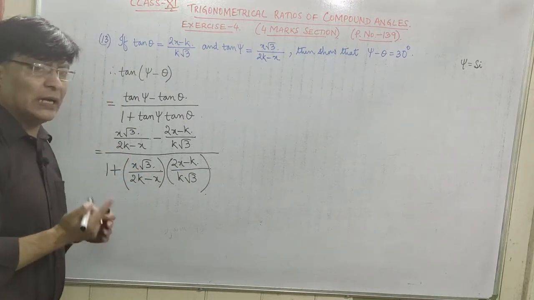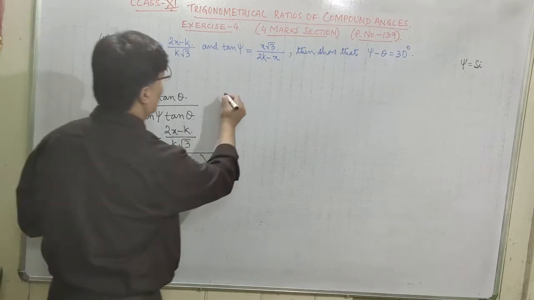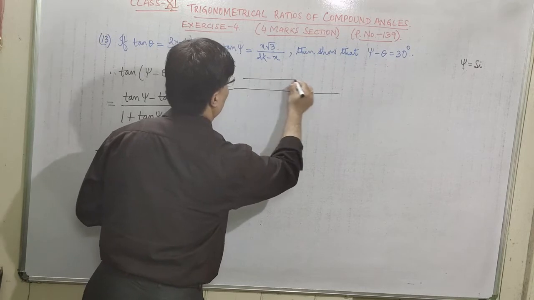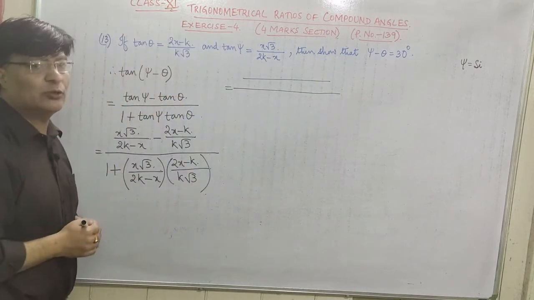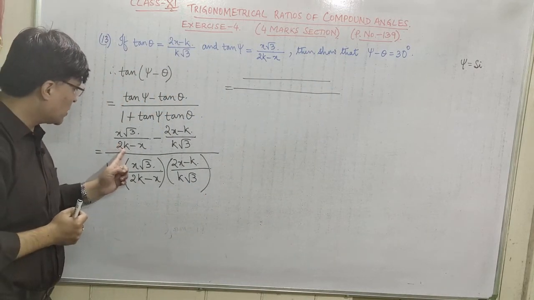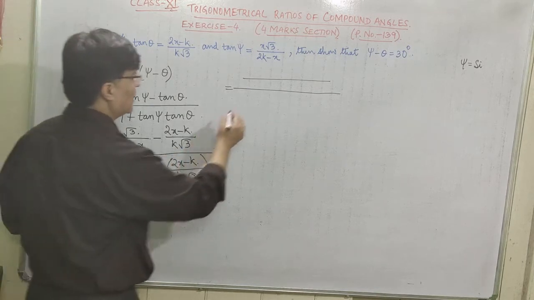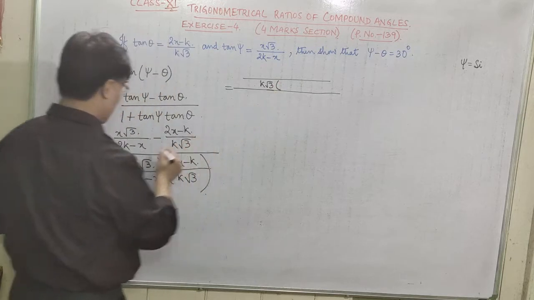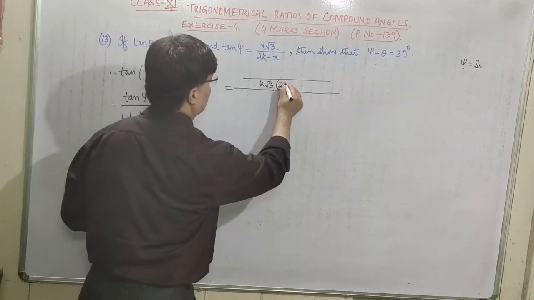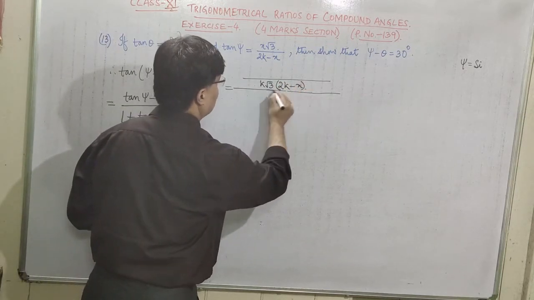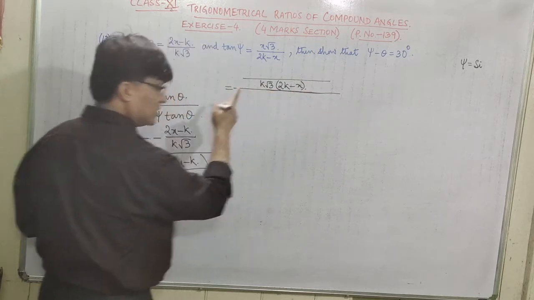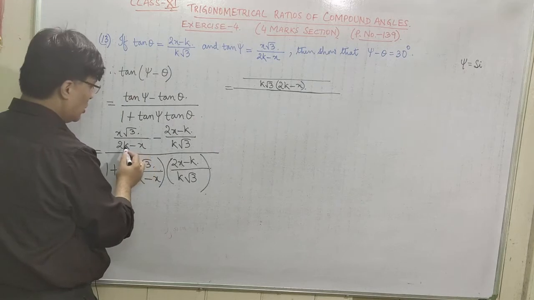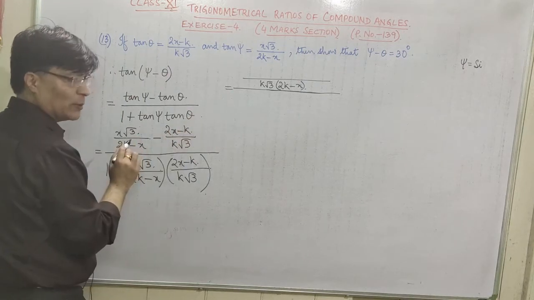So now let us get the LCM both in the numerator as well as in the denominator. So what's the LCM in the denominator? The LCM is 2k minus x into k root 3. Now this LCM is divided by 2k minus x, so 2k minus x and 2k minus x will cancel.